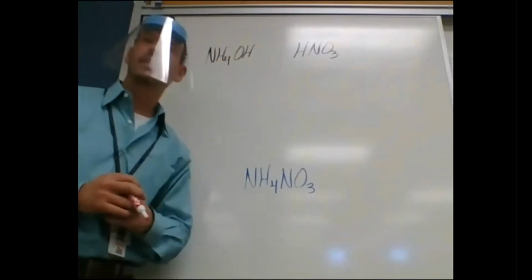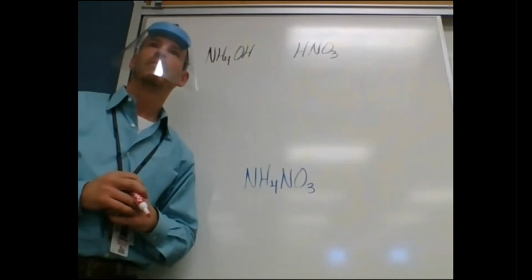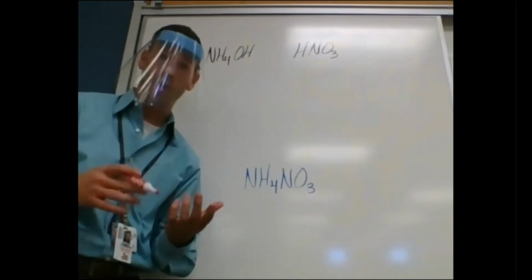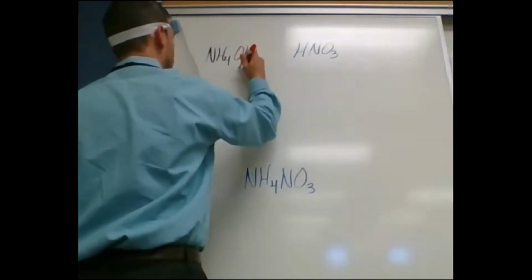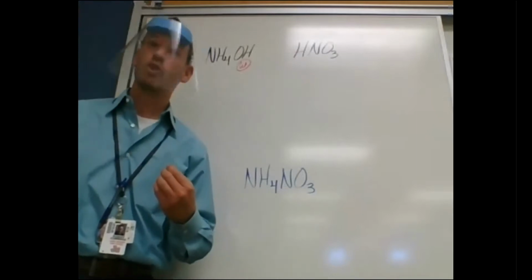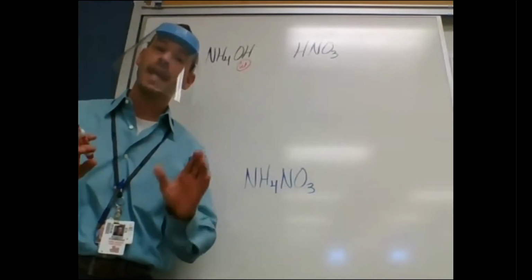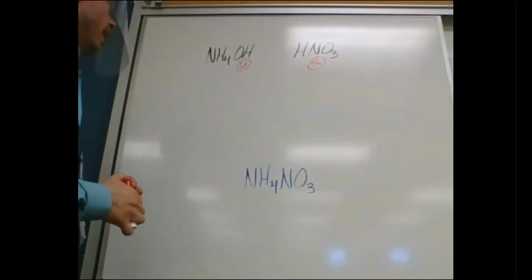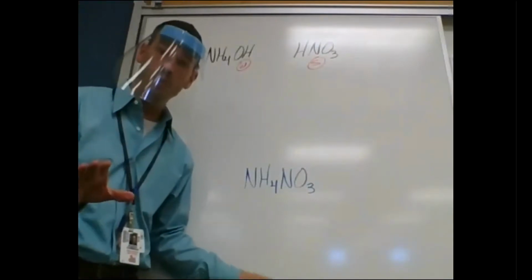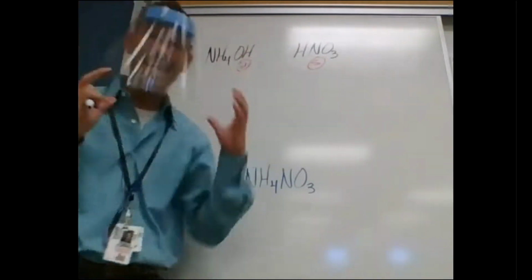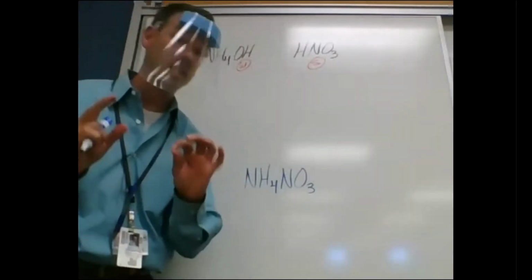Is ammonium hydroxide weak or strong? It's weak, all right? You haven't memorized the weaks, but you know all the strongs. So we have a weak species here. Is nitric acid weak or strong? Strong, you can tell by looking at the HO ratio. So right away, I can conclude that my pH range is going to favor acidic. Therefore, it must be less than 7.